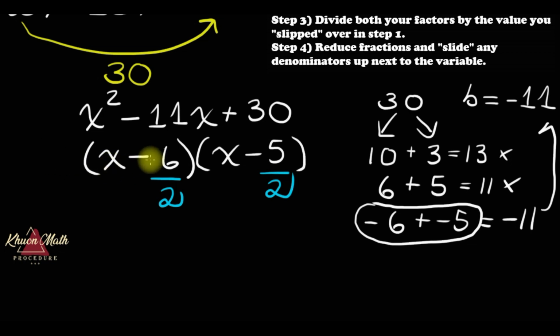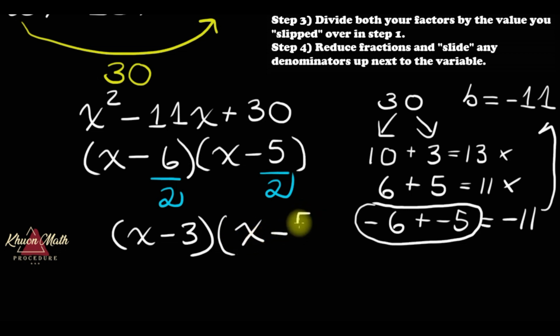So we reduce the fraction. 6/2 turns into a 3. So here you have x take away 3. And then here, negative 5/2 cannot be reduced, so you leave it alone. That means x take away 5/2.